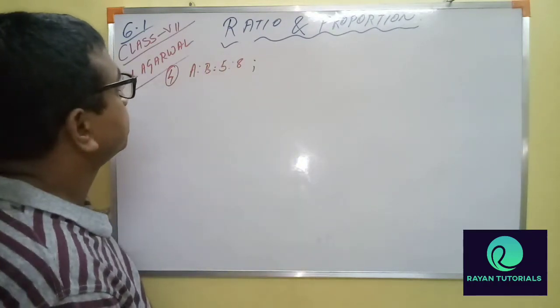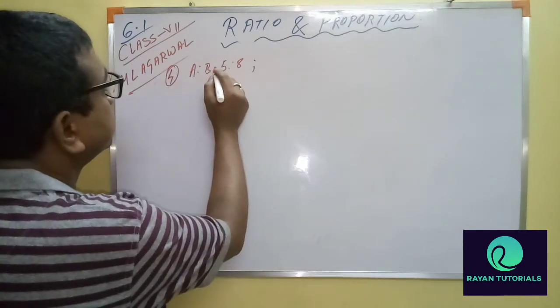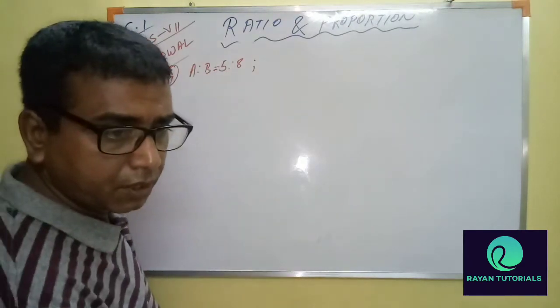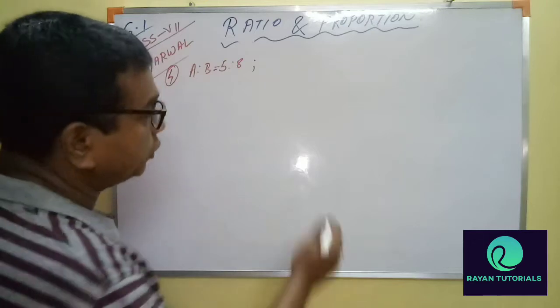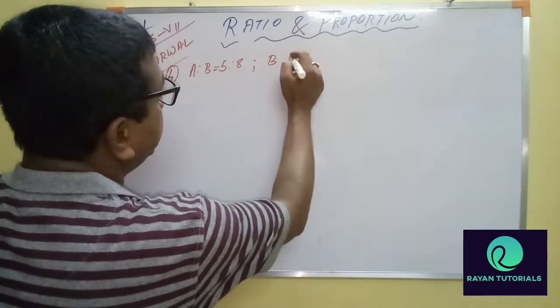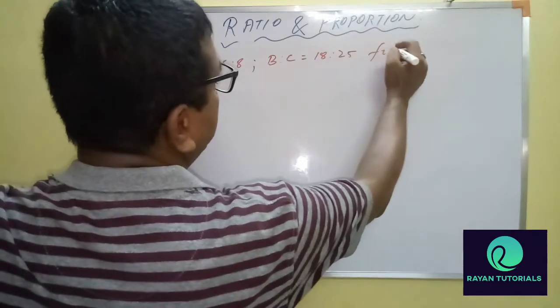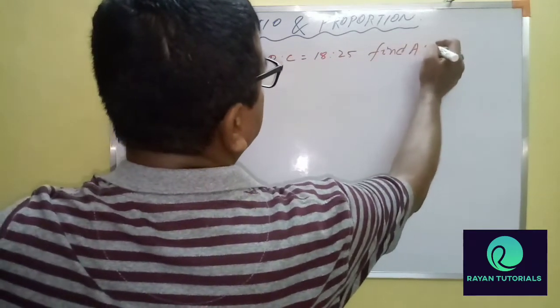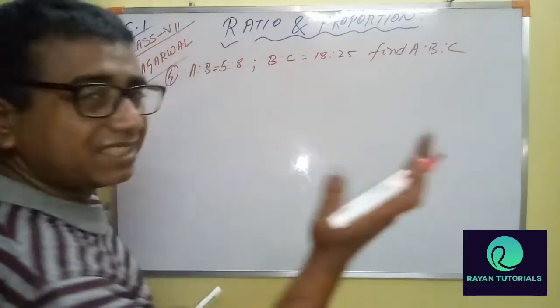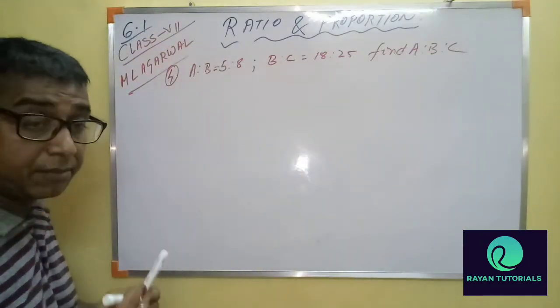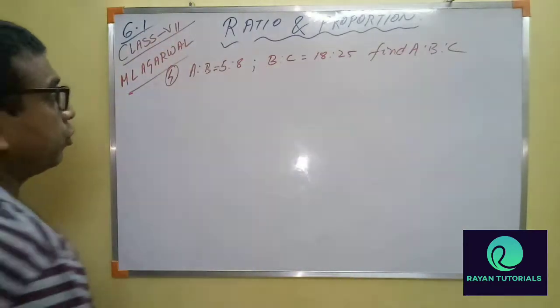Then B is to C 18 is to 25. Find A is to B is to C. Just the same I did the sum before. Anyway, I do it for you.